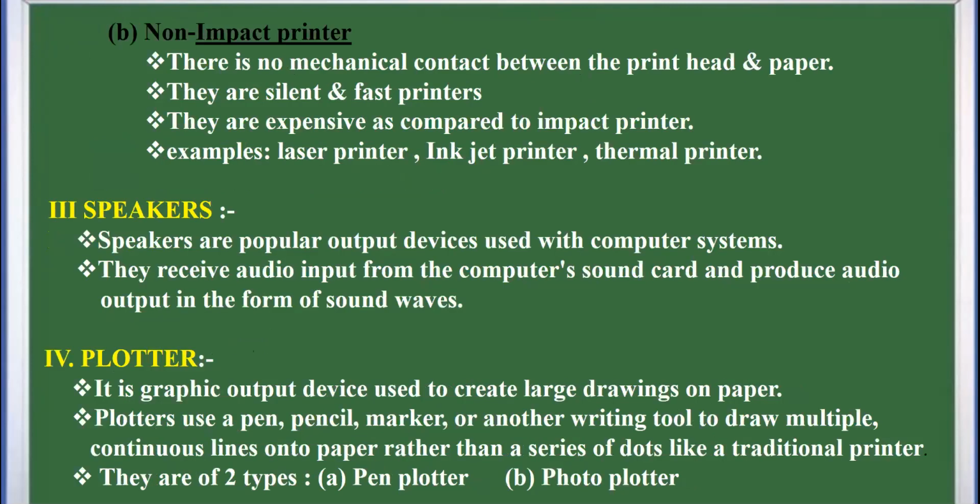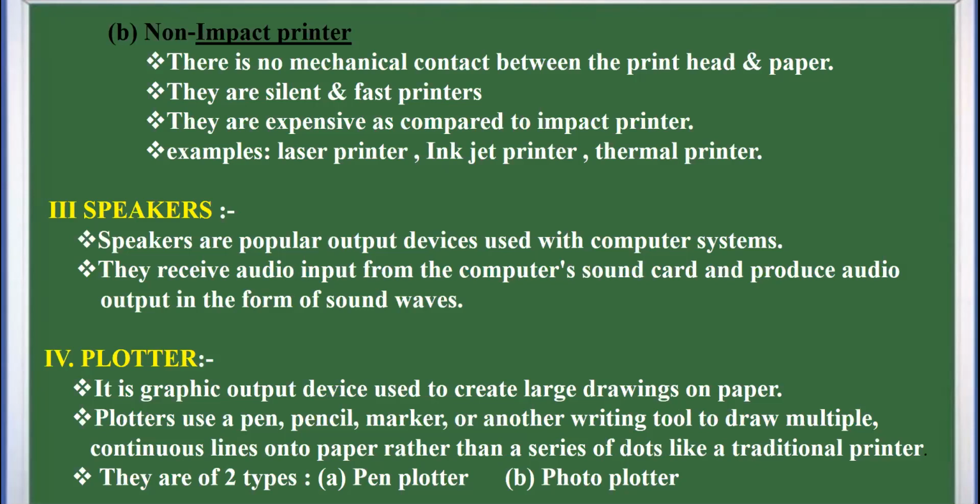Next type of printer is non-impact printers. Beta, non-impact printers are totally the reverse of impact printers. As I told you, in impact printers, there is contact between the head and the paper. But in non-impact printers, there is no mechanical contact between the head and the paper.